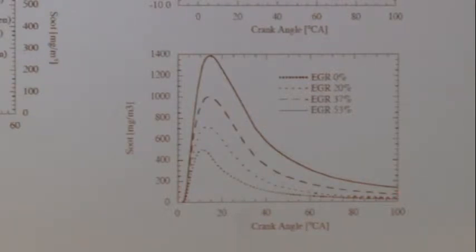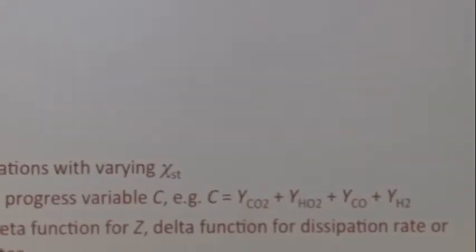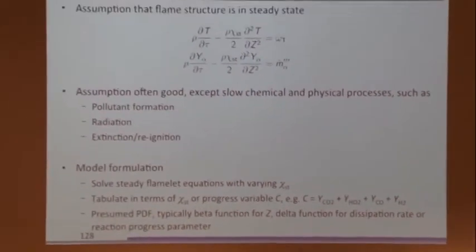That's very typical for diesel engines, that you form a lot of soot, you oxidize 95% or even more, and what comes out of the engine is almost no soot, or maybe a lot, but still it's only a 20th of what you have formed. That is one reason why predicting soot is so complicated, because you need to predict the formation and the oxidation both fairly accurately to get this small difference right.